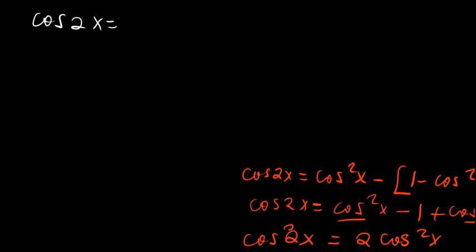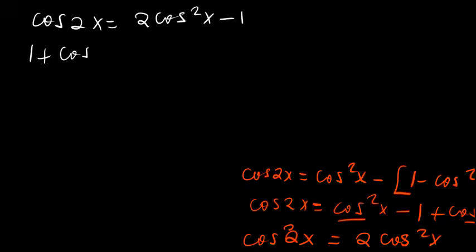Does that make sense? It does. So we have come up with the first identity: cos 2x equals 2 cos squared x minus 1. Now, I can shift 1 to the other side, then it will be 1 plus, because 1 now is going to be positive.